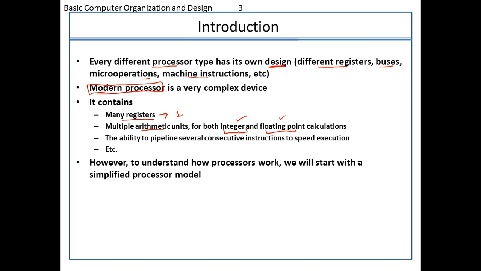So based upon this, my machines have multiple arithmetic units. That is the second point. There are many different kinds of arithmetic units or hardware equipment present within the processor.